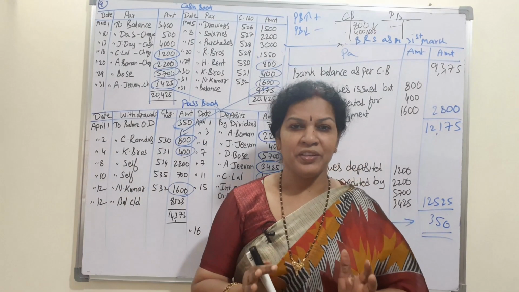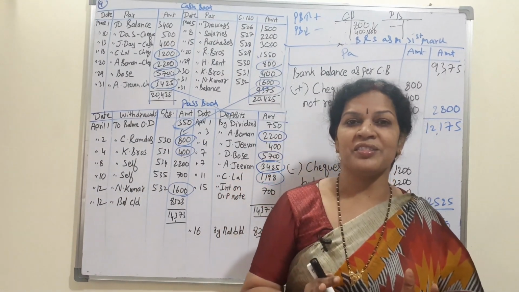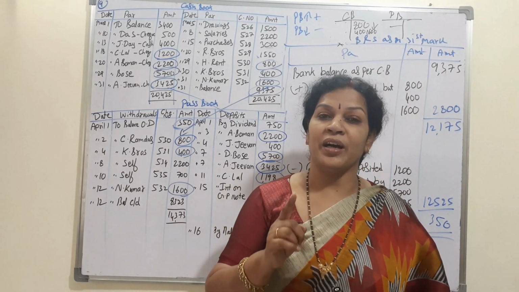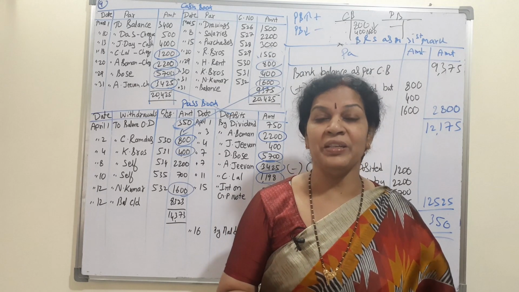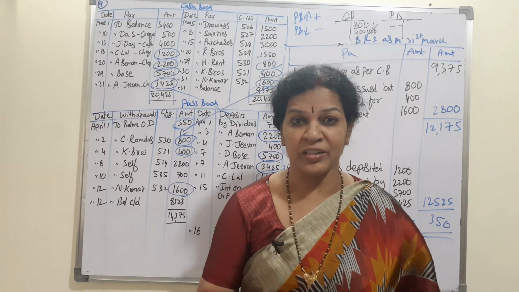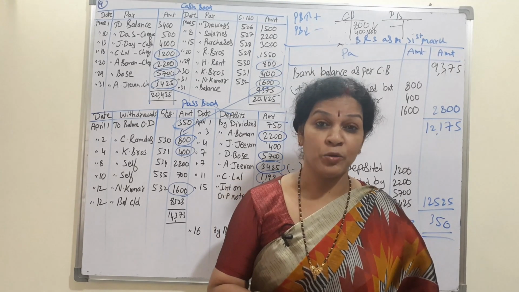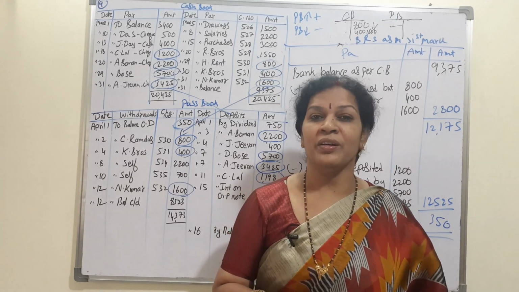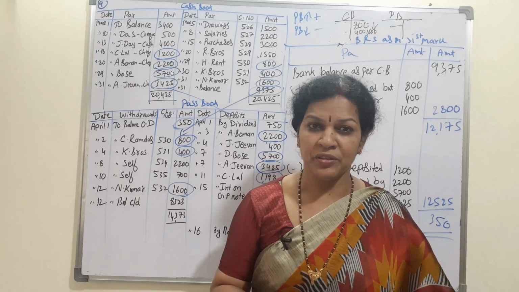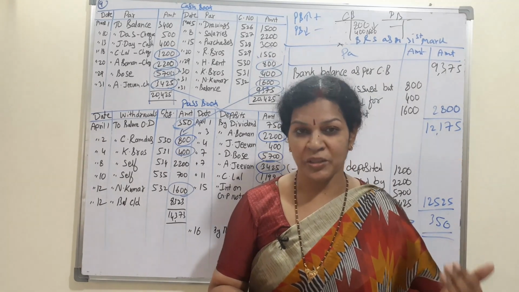Hope I am clear with this bank reconciliation statement chapter. We have completed, and I would advise you strongly, please take a textbook, any of your textbooks. I would recommend Jain and Narang textbook, or R.L. Gupta is also a good book, and you can go to any kind of book like Kalyani Publishers or Sultan Chand Publishers.